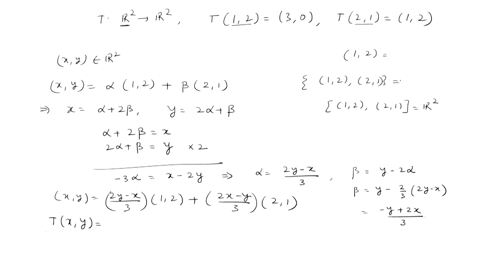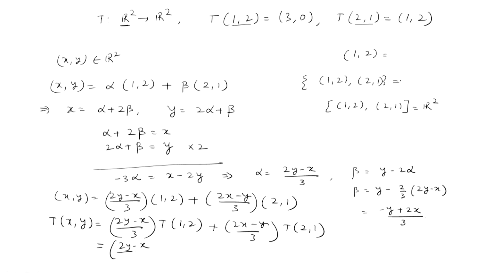Since T is linear, it is (2y - x)/3 times T(1, 2), because it is a scalar, plus (2x - y)/3 times T(2, 1). T(1, 2) is given here as (3, 0), and T(2, 1) is given as (1, 2). Now, you can simplify this and easily find T(x, y). In this way we can find a linear transformation T from R2 to R2.